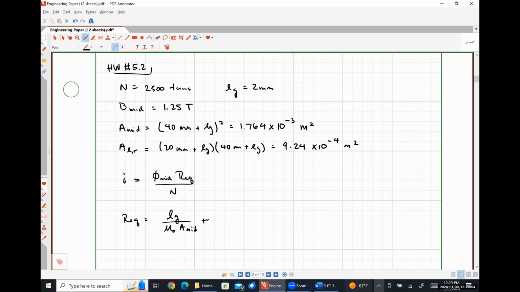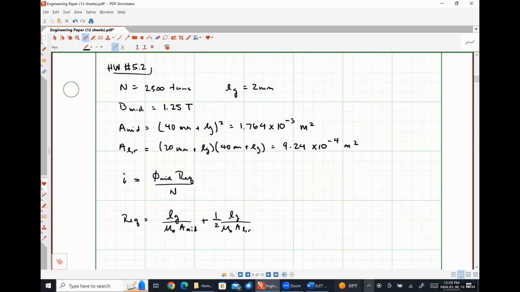And then I have the reluctance of one of the legs, the left or the right air gap. So that's going to be LG divided by mu naught A left right. But because those two are in parallel, that's going to cut that reluctance contribution in half.